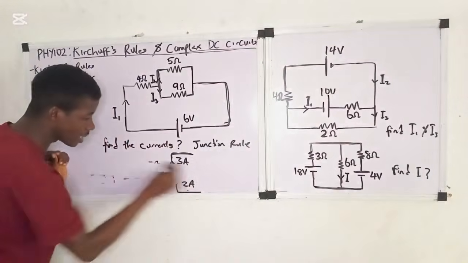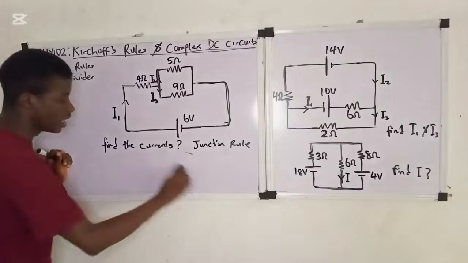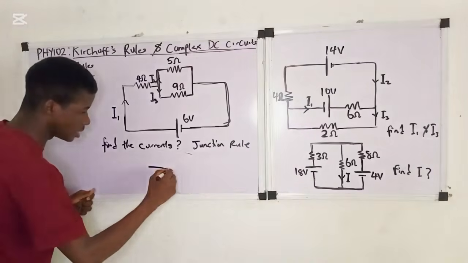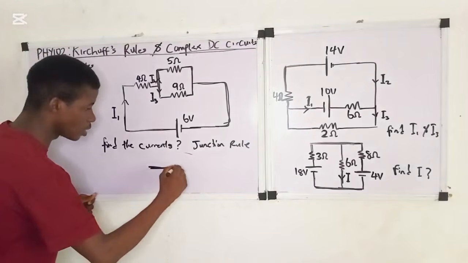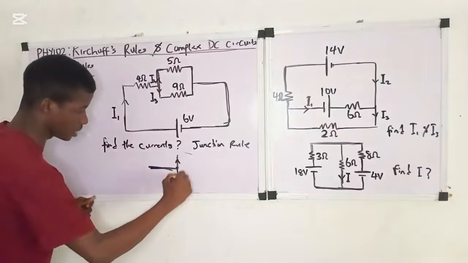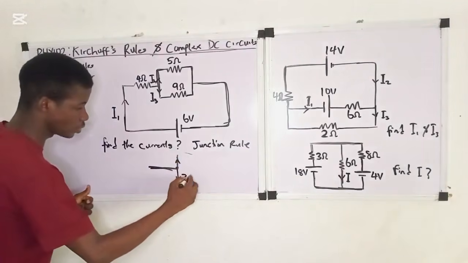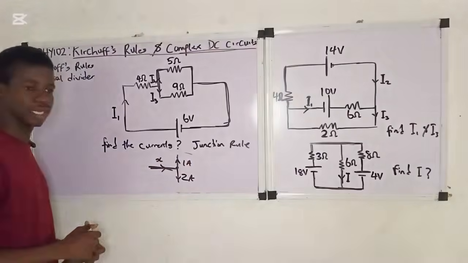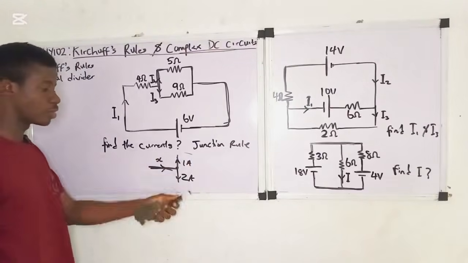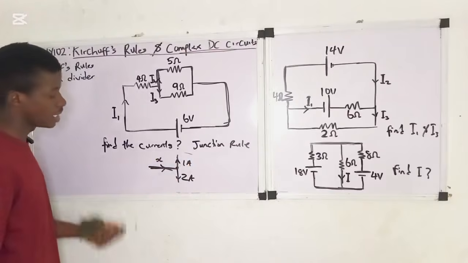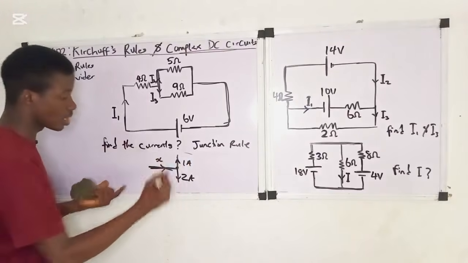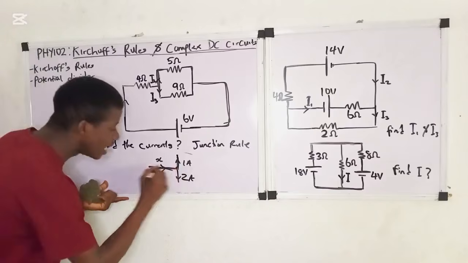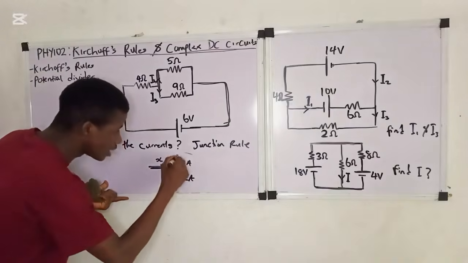Now let me ask you a particular question. For example, you come across something like this, and they put 2 ampere here and 1 ampere here. And they ask you, what is S? S here will be 3, right? Yes, because this is a junction, and the current entering a junction equals the current leaving the junction.